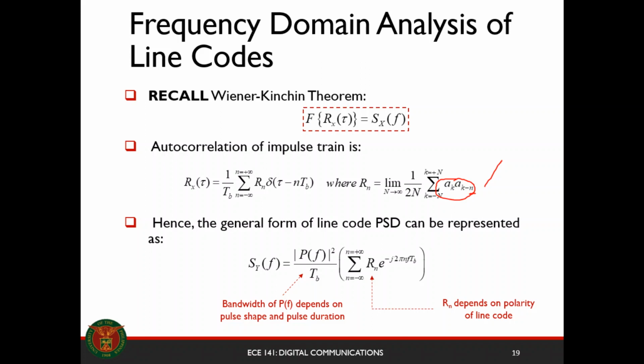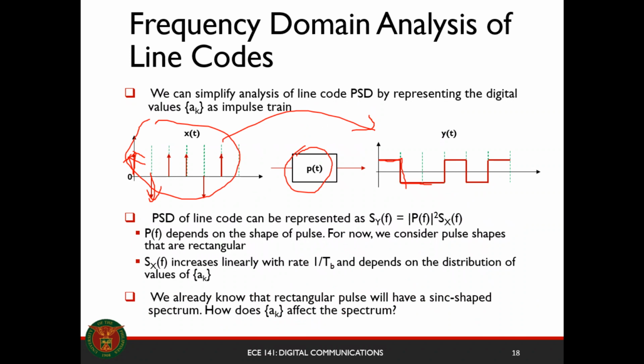So the general form of the PSD can be represented as your pulse spectrum times the spectral density of your impulse train.